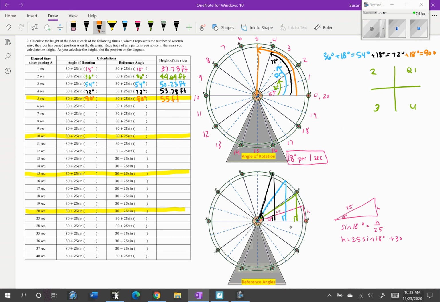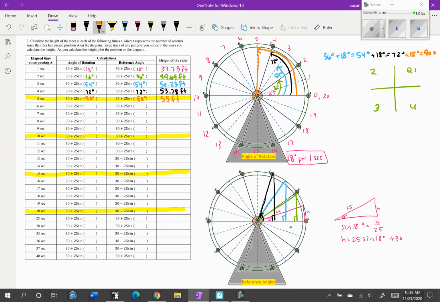So that gives us 55 feet. So again, for that one, we can't really make a triangle. So for that one, we were just using the fact that we knew the radius of the wheel plus how high off the ground we are. So now let's go ahead and keep going on our circle.